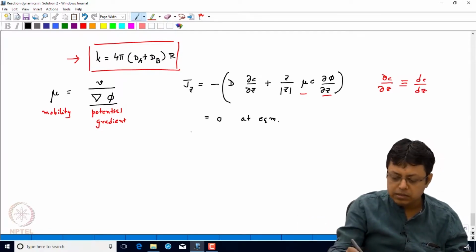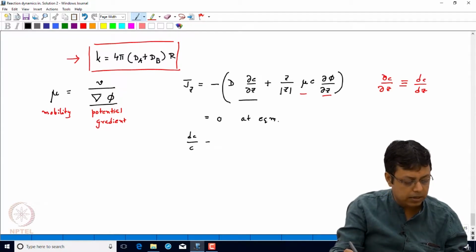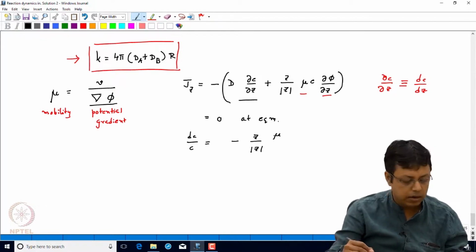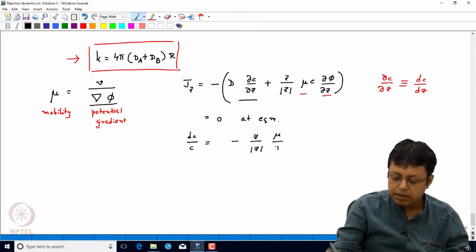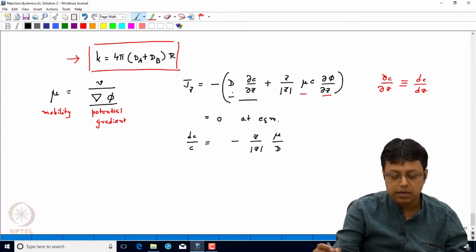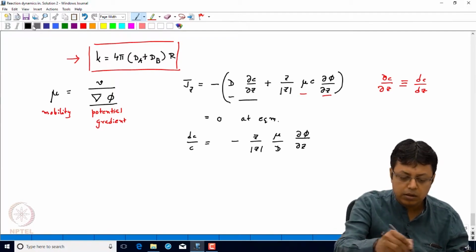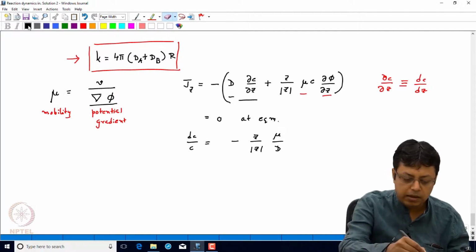Let us rearrange it: I keep this term on the left hand side and divide by C, so dC by C. On the right hand side I am left with minus Z by modulus of Z, then mu, and the C I have already taken to the other side, divided by the diffusion coefficient because there was a D associated with dC by dZ, and then del phi del Z into dZ, which will overall make it d phi.